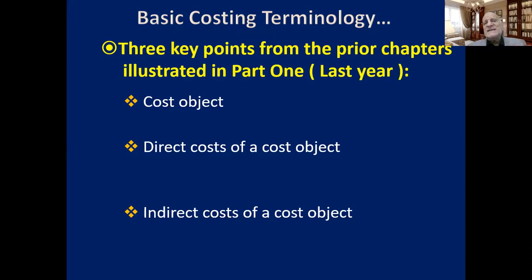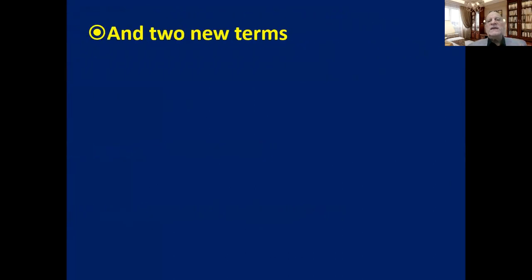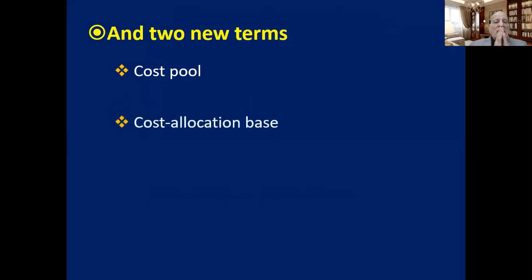In addition to these three concepts, which were illustrated last year, we have now two new terms. Cost pool. What do we mean by cost pool? A cost pool is a grouping of individual indirect cost items. And cost allocation base.